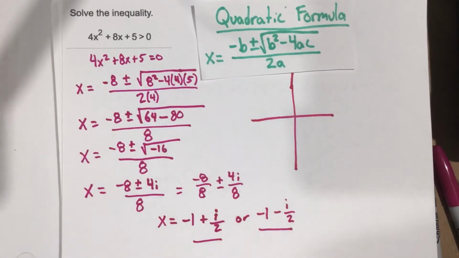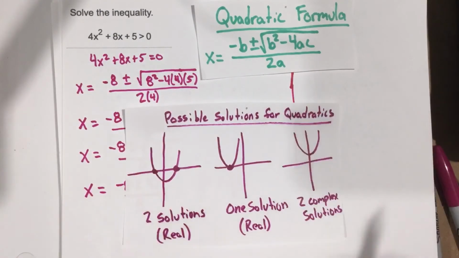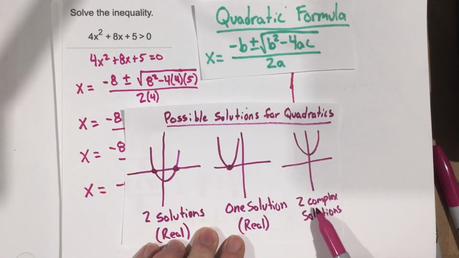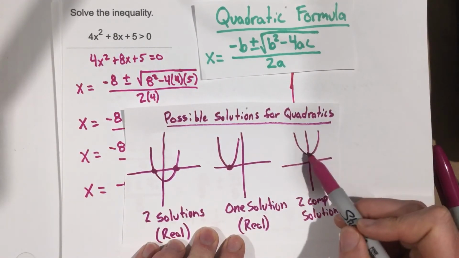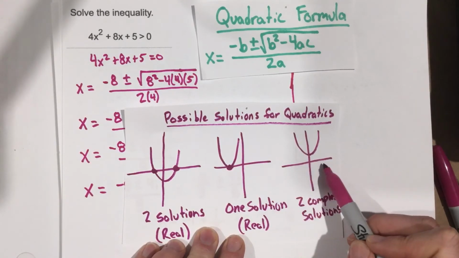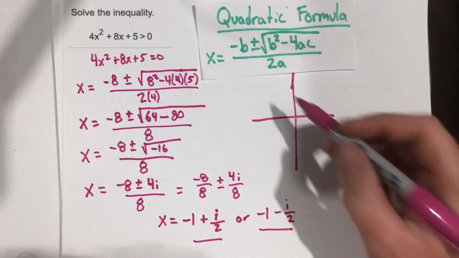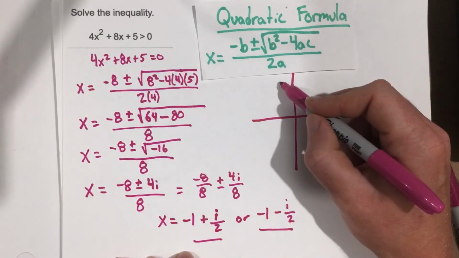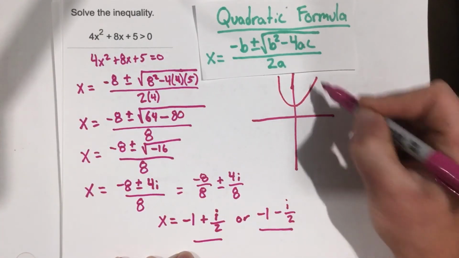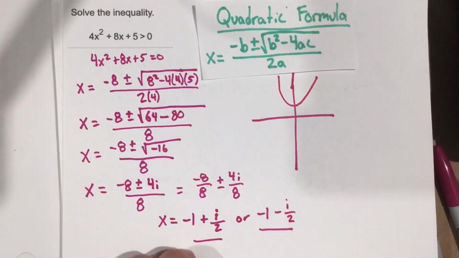Two complex roots occur when the quadratic does not touch the x-axis. So if I draw this quadratic, it looks something like this, where it doesn't touch the x-axis.